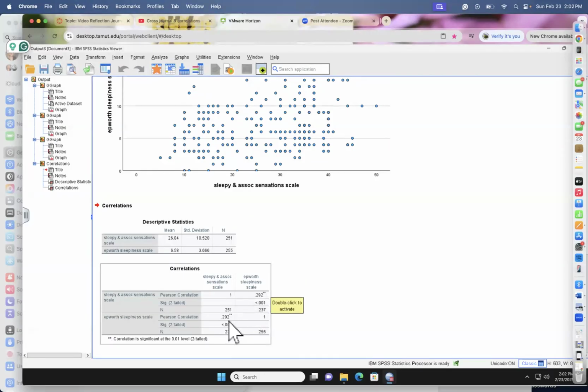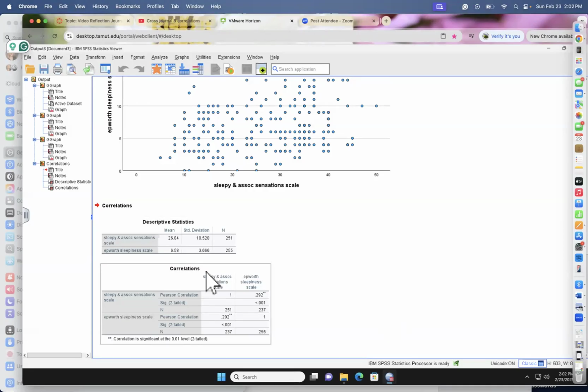Come here and here and here and here. So I'm sorry, my sample size is 237. So that's what we're looking at, a sample size. We can tell that there is an association. It is a small association.